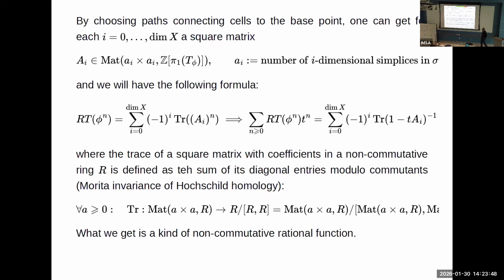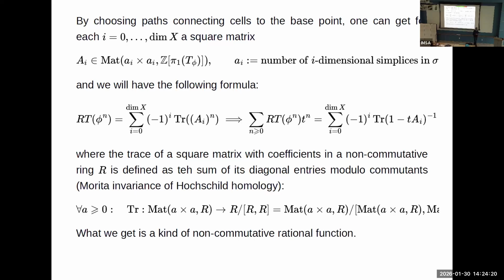Now, you get this map, and roughly, with the fact that the trace in cohomology is the same as the alternating sum of traces in the complex, you get the formula. The Reidemeister trace of the nth iteration of your map can be calculated as follows. You take the alternating sum from type 0 to the dimension, and you take the trace of the nth power of this matrix.